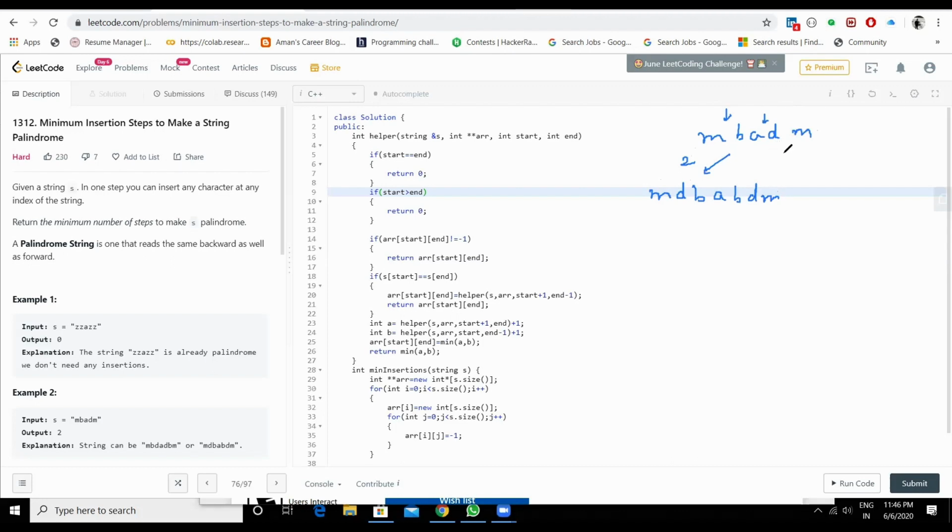Or I can make it a palindrome another way also: M B D A B D M. So this is also a palindrome, and the number of insertions were 2.